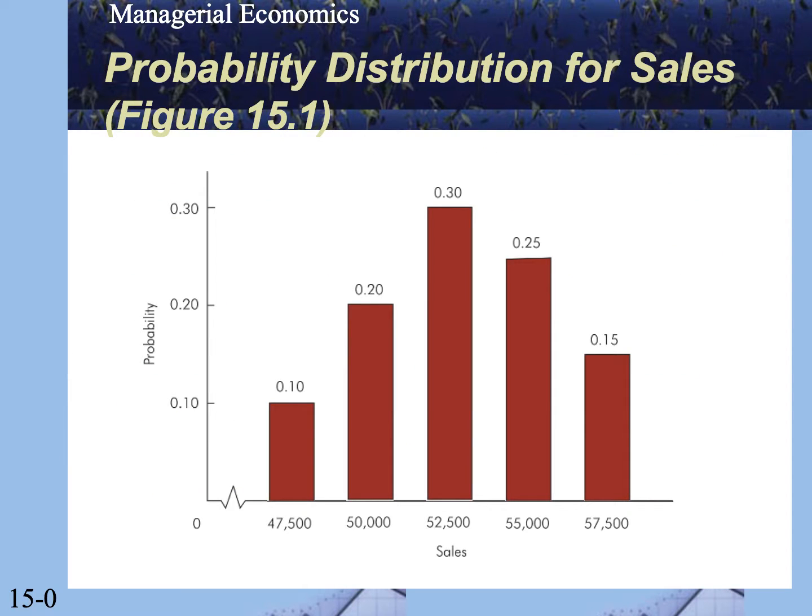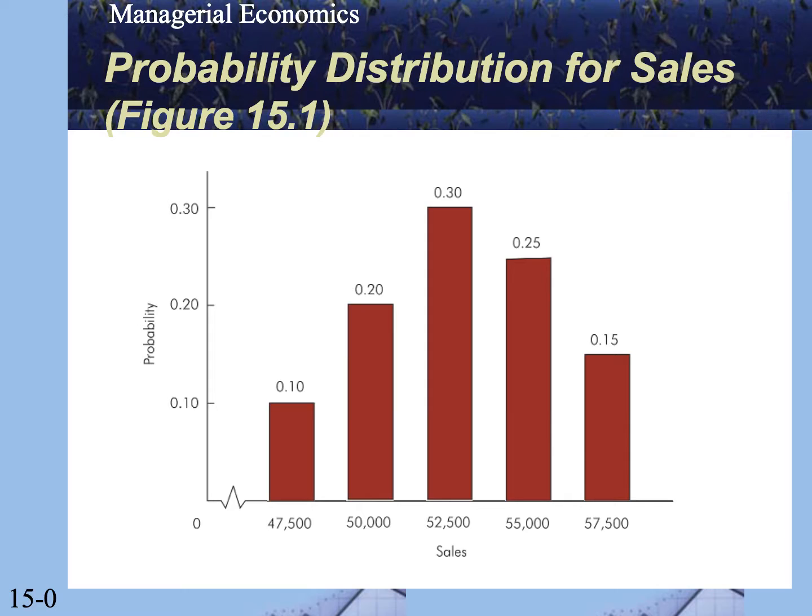Now we can examine this bar graph, which has the sales on the x-axis, and the probability on the other axis. So we can see that we have some different probability for each one of the values of the sales.